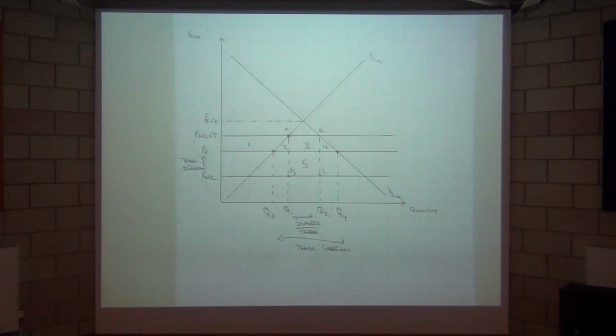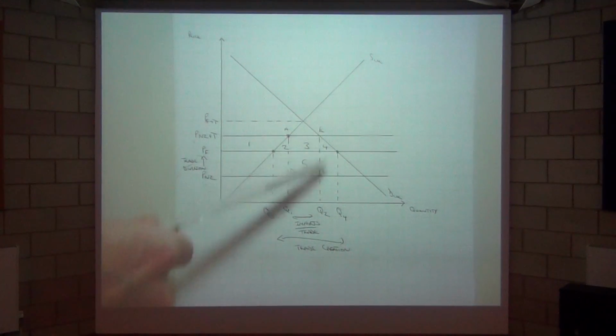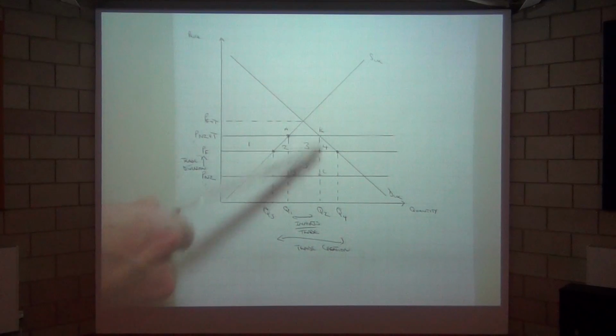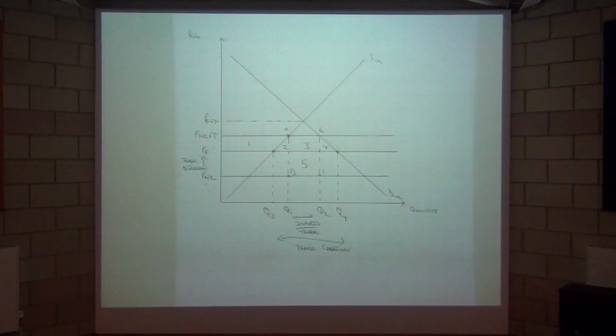The government, as we've already mentioned, benefits because they get this area A, B, C and D in the form of a tariff revenue initially. That's before the EU joins, but obviously whenever this tariff is removed and we're now just buying from France without any tariff, then the government isn't earning any tariff revenue either.